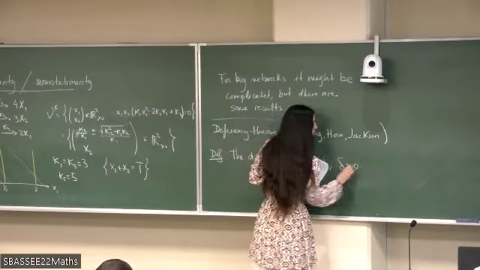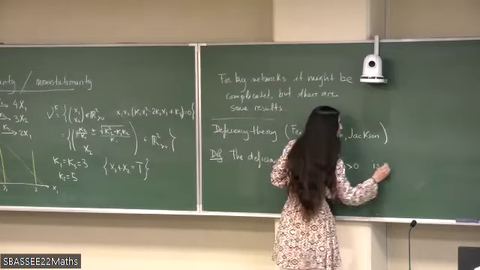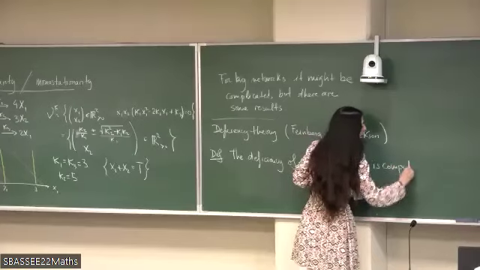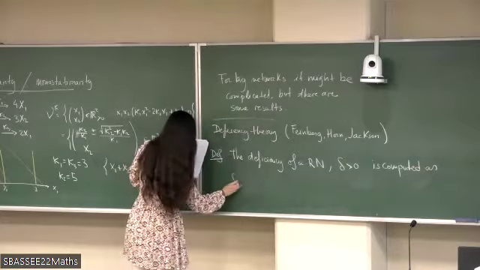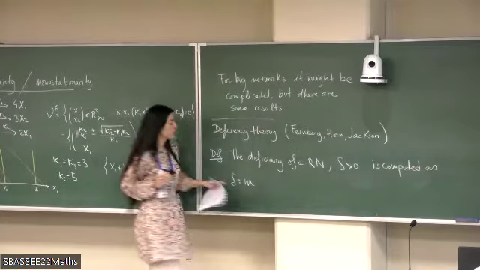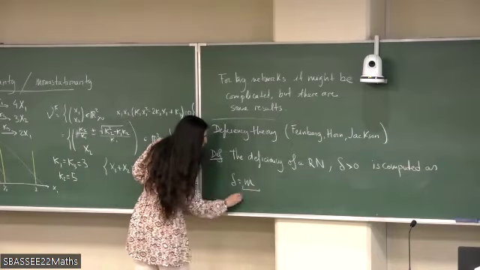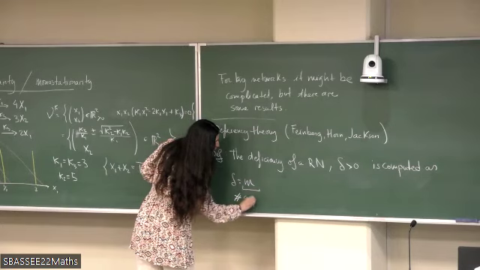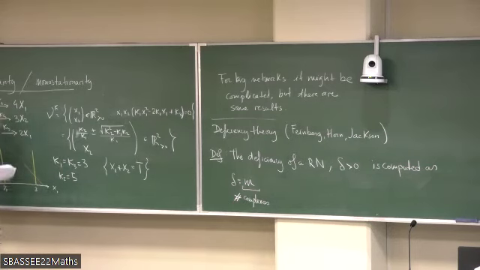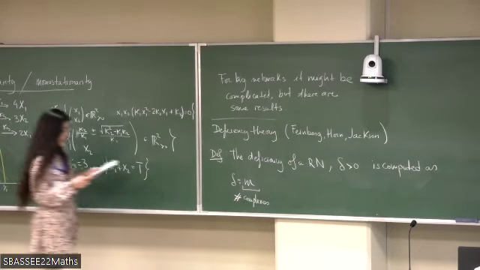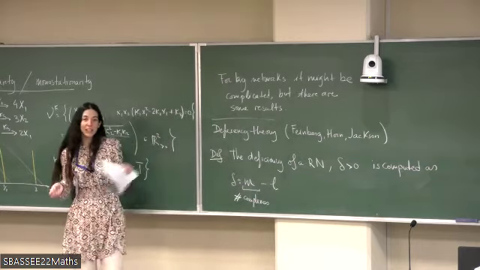And it is a nonnegative integer which is computed as the number of complexes, so the number of nodes in the network that are not repeated, minus L, where L is the number of linkage classes.